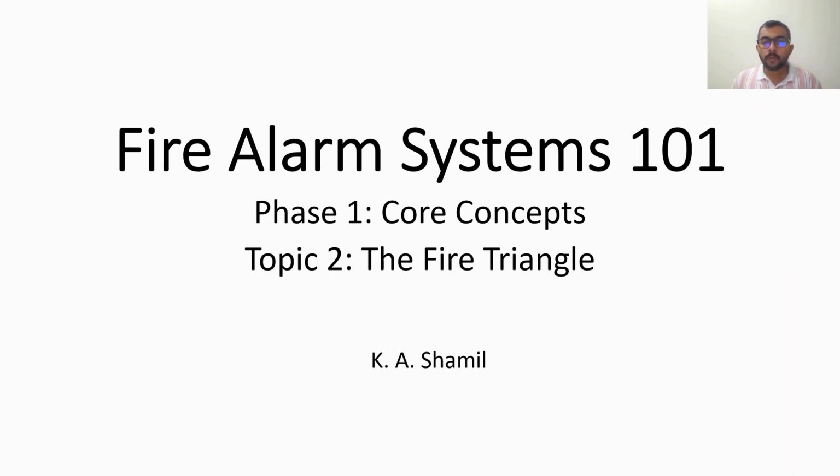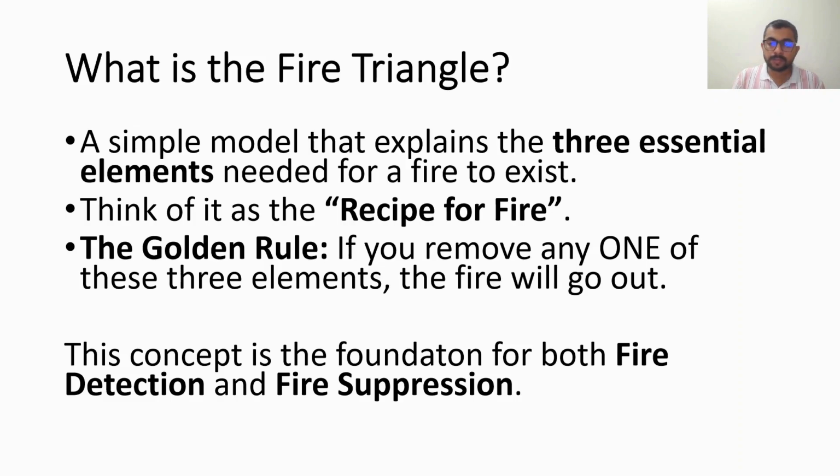And today we will be discussing the topic, the fire triangle. So let us explore what the fire triangle is. A fire triangle is actually a simple model which explains the three essential elements that are needed to form a fire.